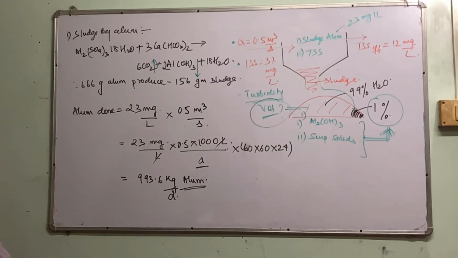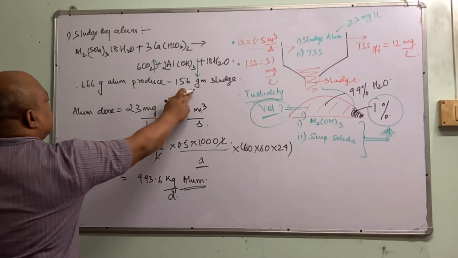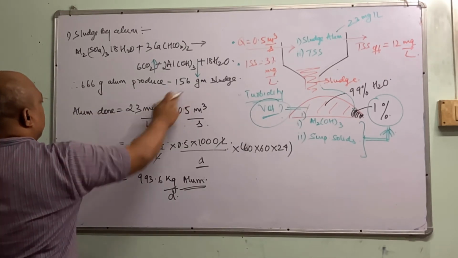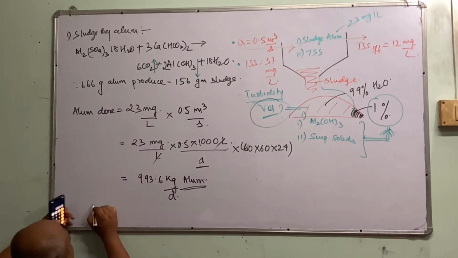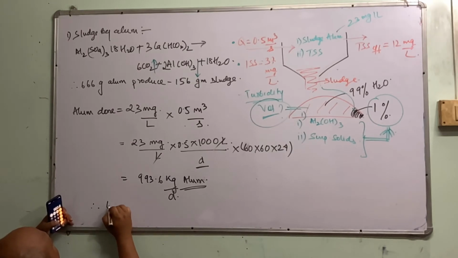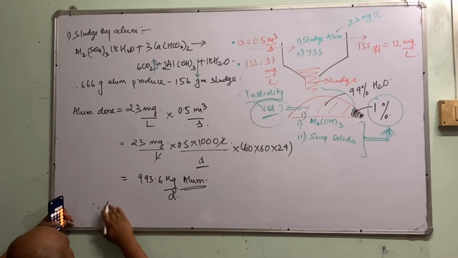Now, 666 grams of alum produce 156 grams of sludge.